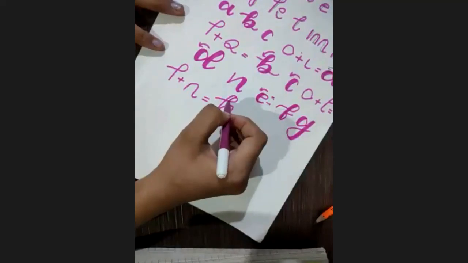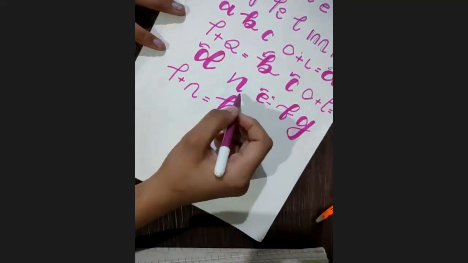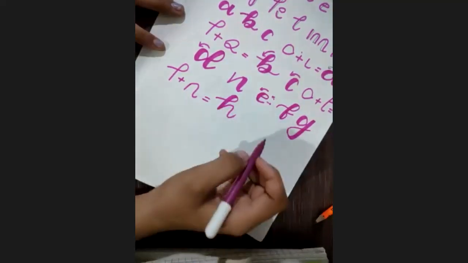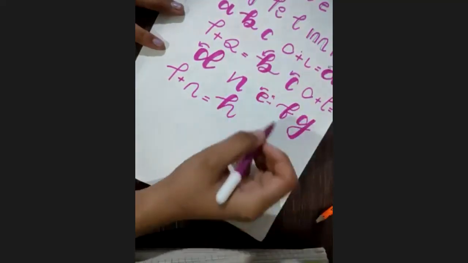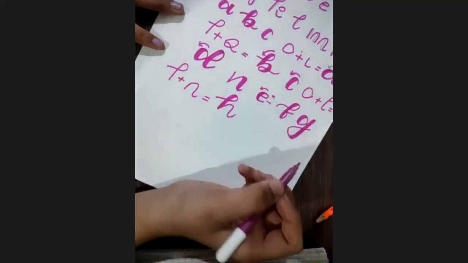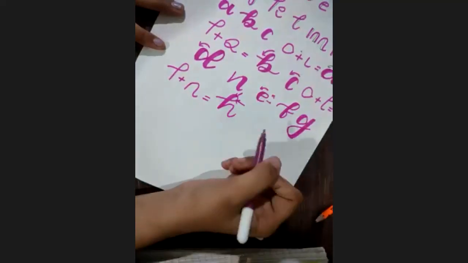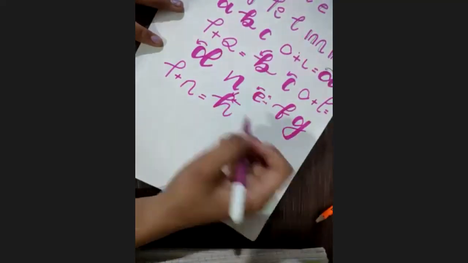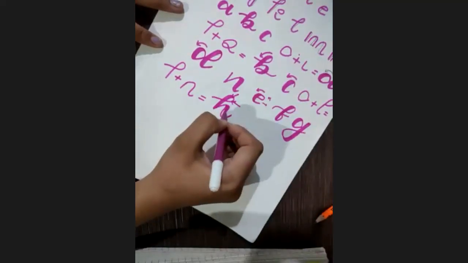Again, up to down. We have to find the direction, where it is coming from at the top and where it is going down. And make sure that whenever we make the double line, it should differentiate. It should look different, thin stroke and thick stroke. This is thick stroke and this is thin stroke. The two should not be the same size. I'll give you an example here.